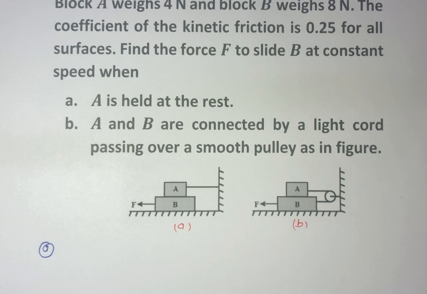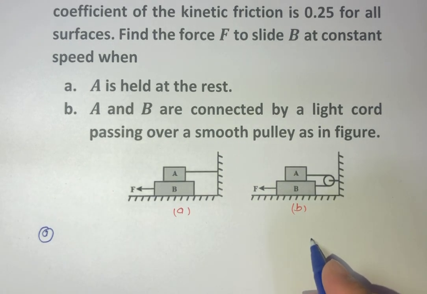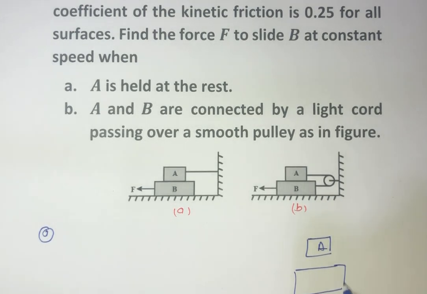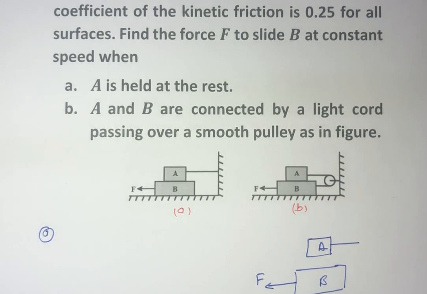So first of all, let us draw the free body diagram for case A. So this is our block A and this is our block B. Block A is connected with a string and we are applying a force F on the block B. Now this block B will try to move towards the left side, and because of friction between A and B, it will also try to force A to move towards the left side.